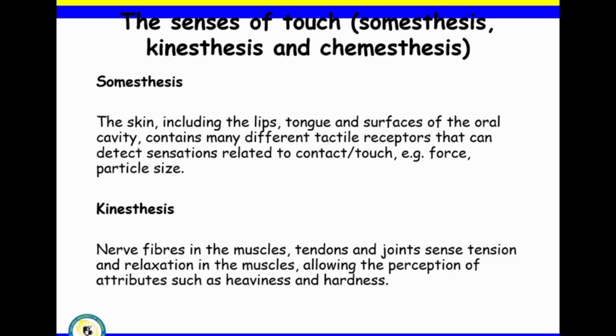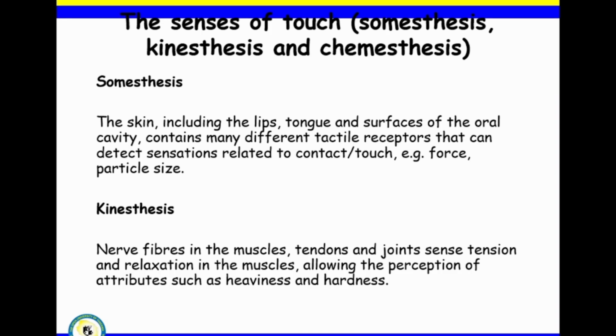Even if you close your eyes and take sugar, you will feel that this is sugar, yes, it is sweet, but you can feel that the particle size is different when you are having a fine sugar and when you are having a coarse sugar. So that is where we are talking about synesthesis.